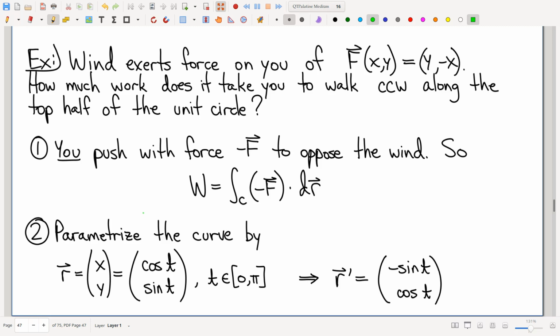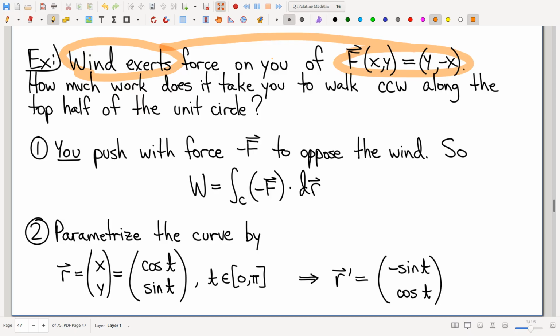We need to know in this circumstance which of these two forces is relevant to what we're trying to calculate. So you just have to pay attention to the details of how things are phrased. We are told the force that the wind exerts.